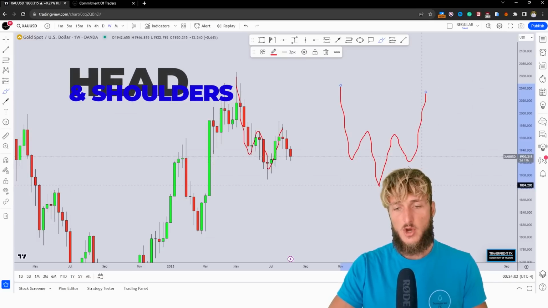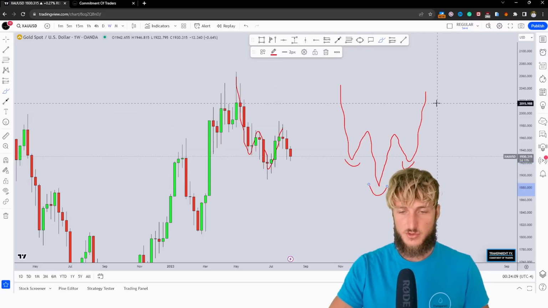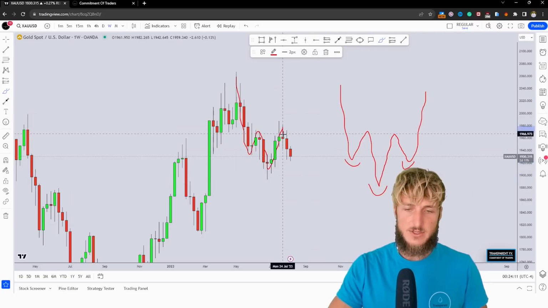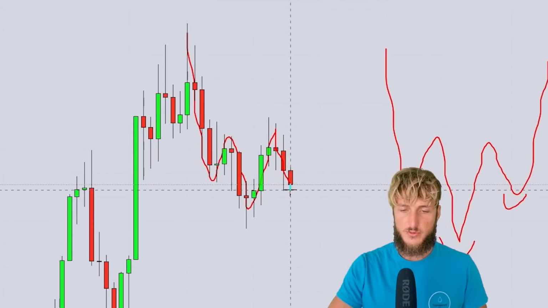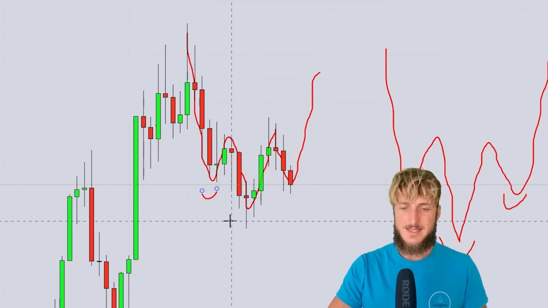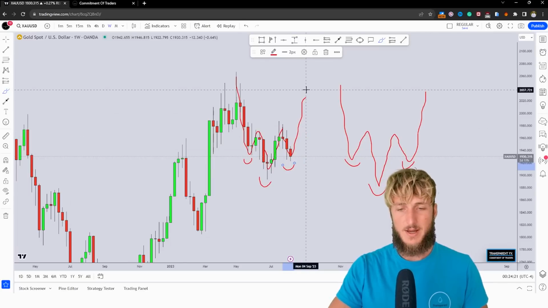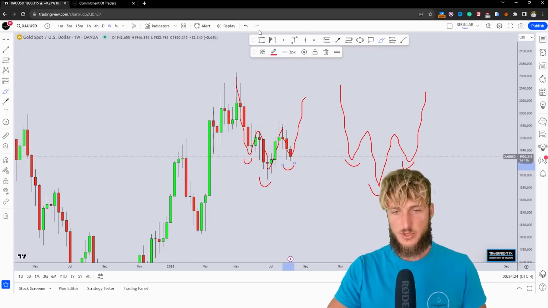So essentially, what you would expect is the creation of a right shoulder here for this inverted head and shoulders to be printed. Now we can see that that has already started with the market creating this move to the downside. So if from here we will see a move higher, that would essentially create this inverted head and shoulders, which is exactly the pattern that we would like to see in a situation like this.